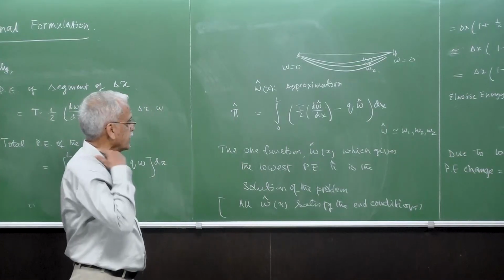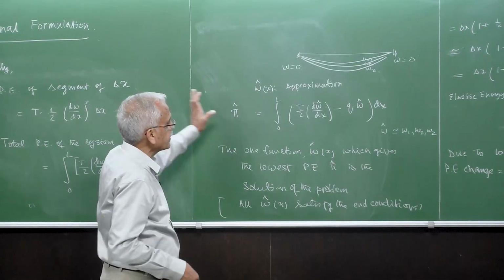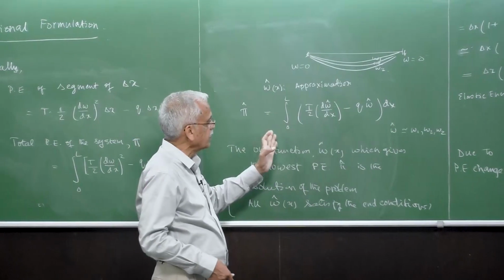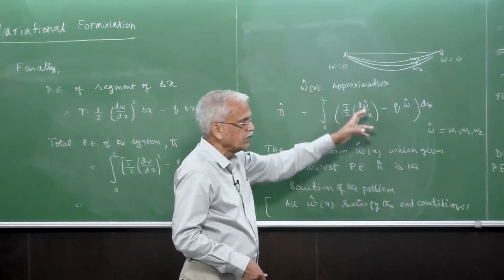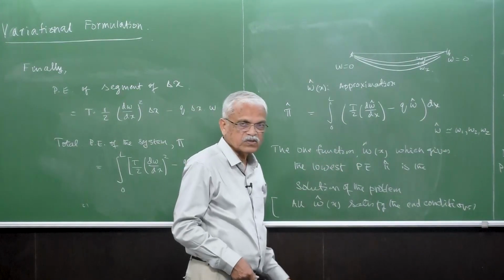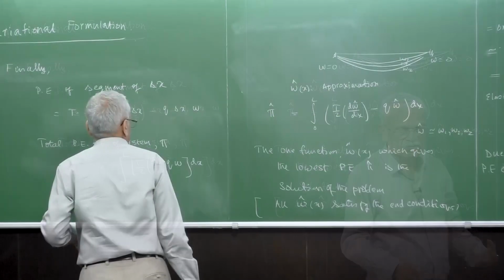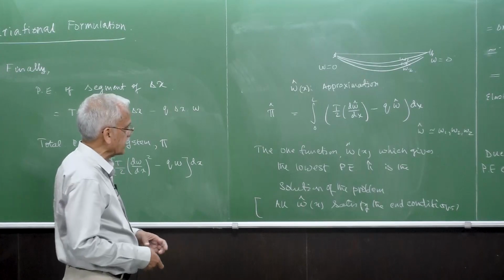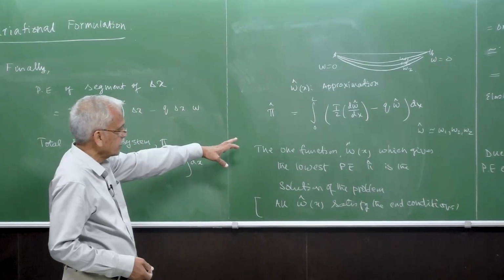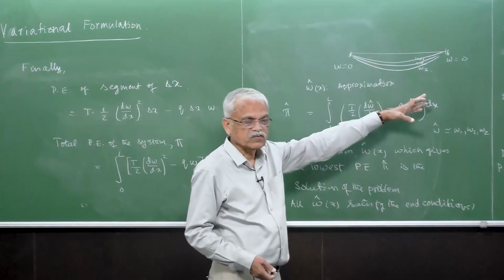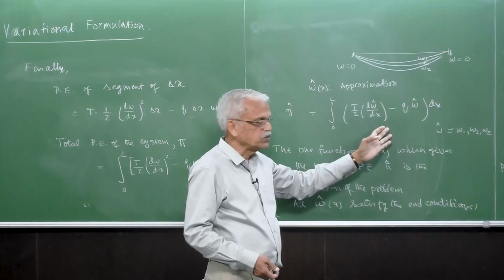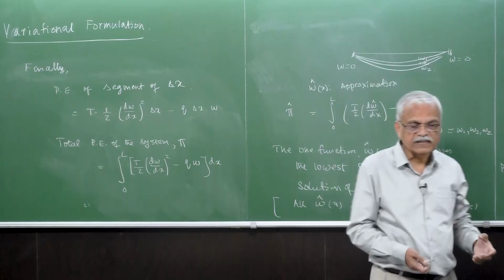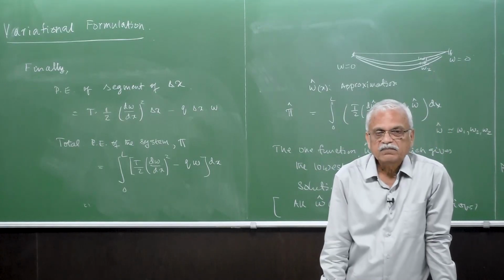Now what we have done here is that we formulated it in the variational form, where we formulated a potential energy here, and then we said that the W hat which leads to the lowest potential energy is the solution. Whether you solve the differential equation and get the solution, obviously you can do that, or whether you assume a number of approximations here and out of which you choose the one W hat which leads to the lowest potential energy, both these approaches will give you the same solution.